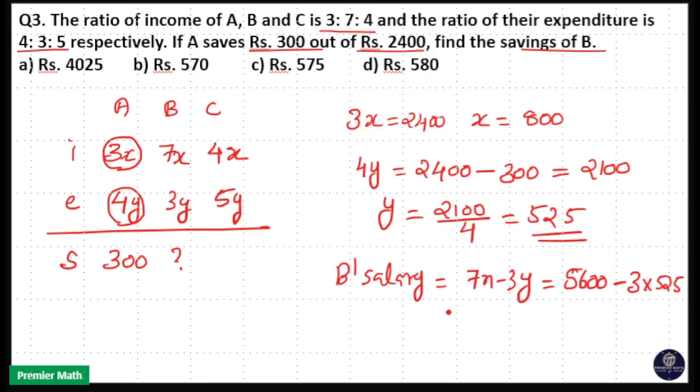That is 5,600 minus 3 into 5, 15. 3 into 2, 6 plus 1, 7. 3 into 5, 15. So 10 minus 5 is equal to 5. 9 minus 7 is equal to 2. 5 minus 5 is equal to 0. 5 minus 1 is equal to 4. So 4025. Option A is your answer.